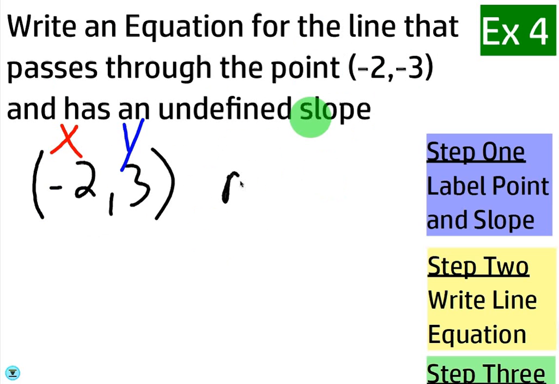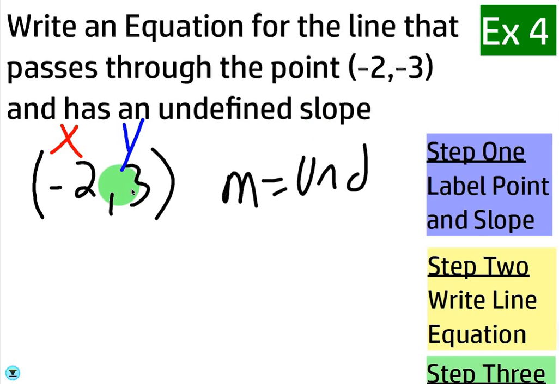What would the slope be? It says undefined, right? So there's no way I can plug that in. How can you plug in something that's undefined into a formula? It doesn't make any sense, right? So what do you do if you can't plug it in?